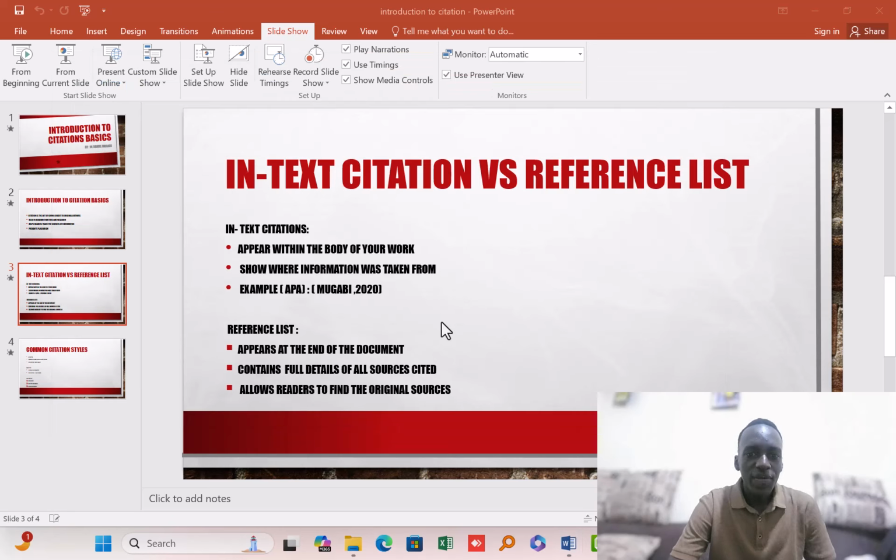It will appear at the end of the document, and it contains a full page of all the sources cited. Let's say you wanted to cite information that is on page 245. You need to get the whole page and cite the whole page. It allows readers to find the original sources.